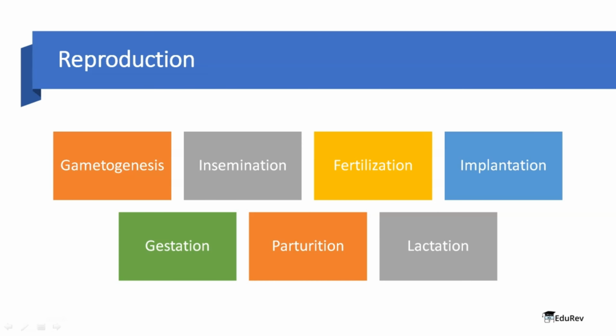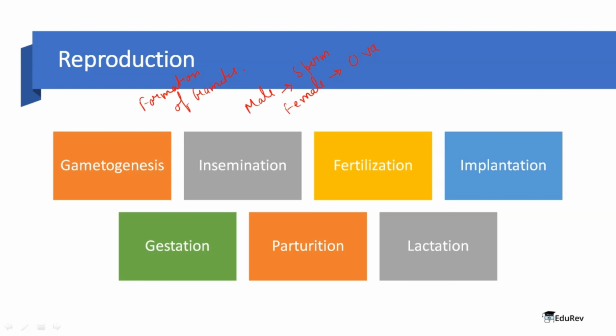So the first step is formation of gametes, and this is the very initial step and very important as well. There are two types of gametes, male and female. Male gamete is called sperm and female gamete is known as ova.